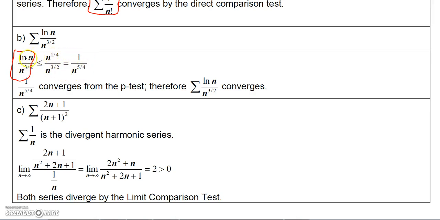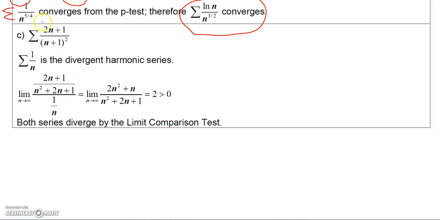So you can show that this term is less than or equal to this term. And the series actually converges from the p-test. So I should have said the series there, not the term. So the series converges from the p-test. Therefore, this series that we're given must converge, because all the terms in this are less than or equal to the terms in this.